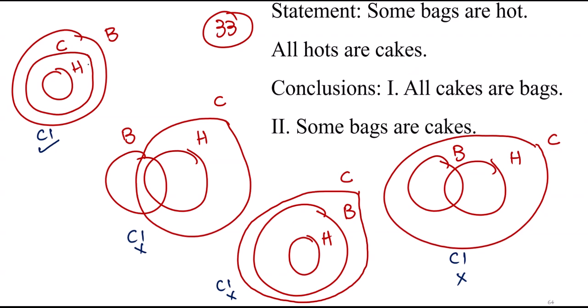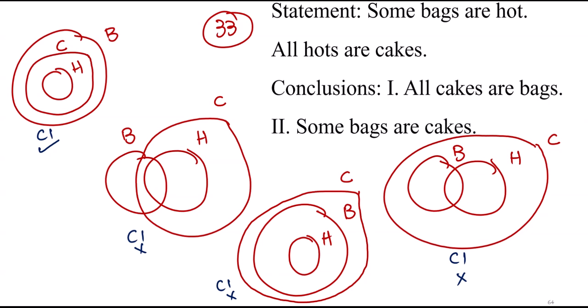So for every question, try multiple diagrams, because in the worst case, if they use all cakes may be bags, possibility, then I have to consider it true, because possibility means one diagram satisfied is also okay. When they use the word may, it's better to go with that, right?